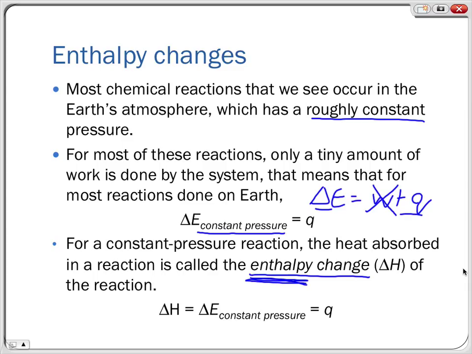Somewhat illogically, considering it sort of means heat, the symbol for enthalpy change is delta H. H is enthalpy, and delta H is enthalpy change. For constant pressure reactions, that heat absorbed, that Q, is equal to the enthalpy change. So we can define our enthalpy change, delta H, as the change in internal energy of a reaction at constant pressure, which is equal to the heat flow for that reaction.